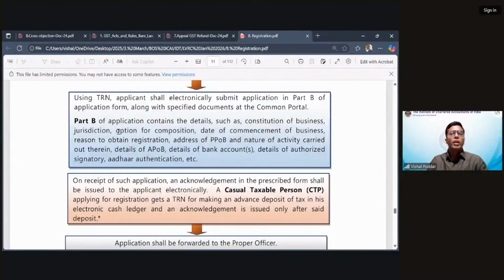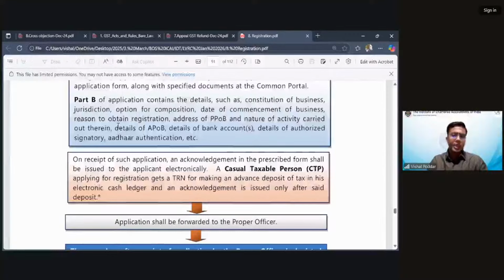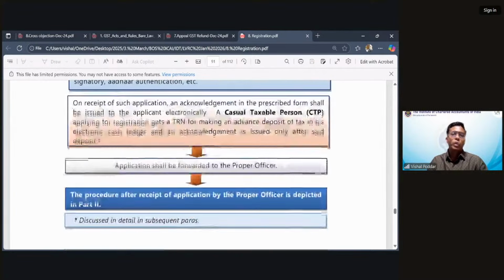You also have to give details of your business. If you have more than one place of business, you have to put one address as the principal place and other addresses as additional places. Thereafter, you have to give details of all the bank accounts and details of who will be acting as authorized signatory, and you have to also undergo the Aadhaar authentication.